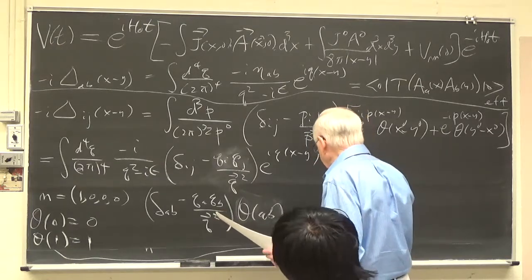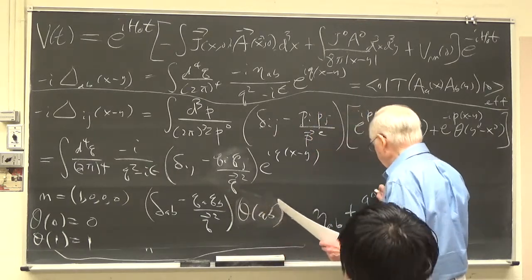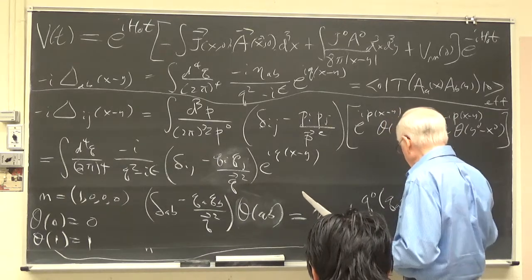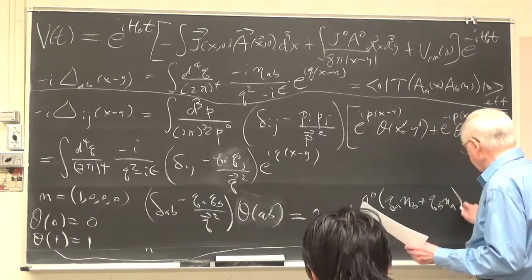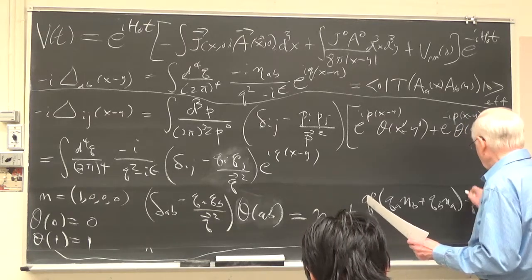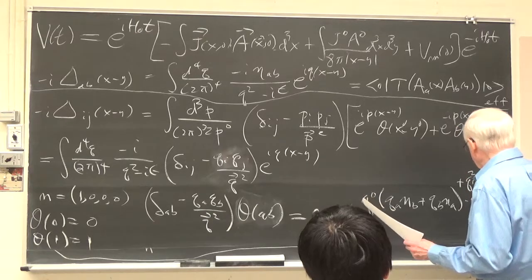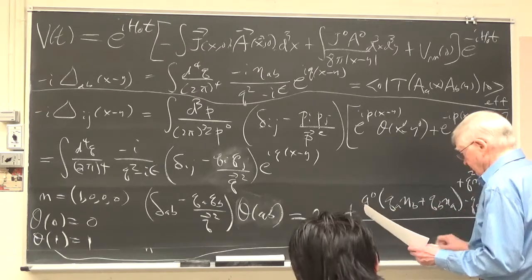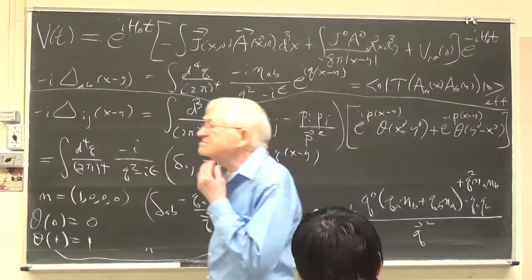Anyway, we can rewrite this as theta AB plus Q0 times QA NB plus QB NA minus QA QB plus Q squared NA NB, all of that in the numerator and Q vector squared in the denominator.